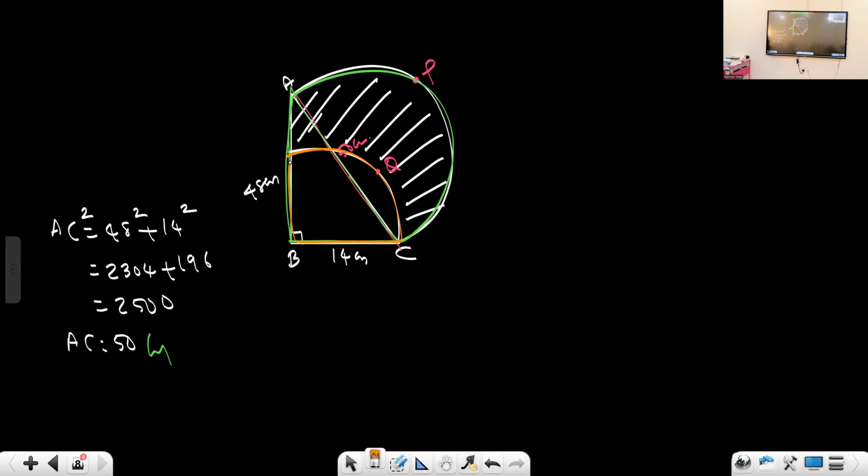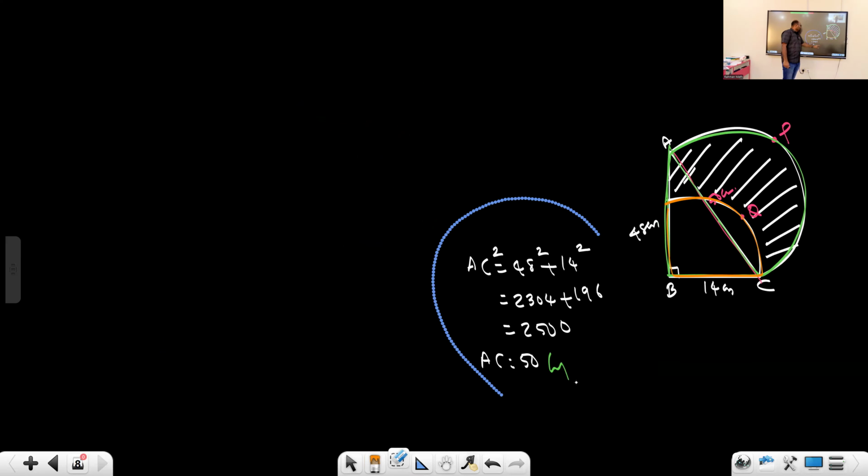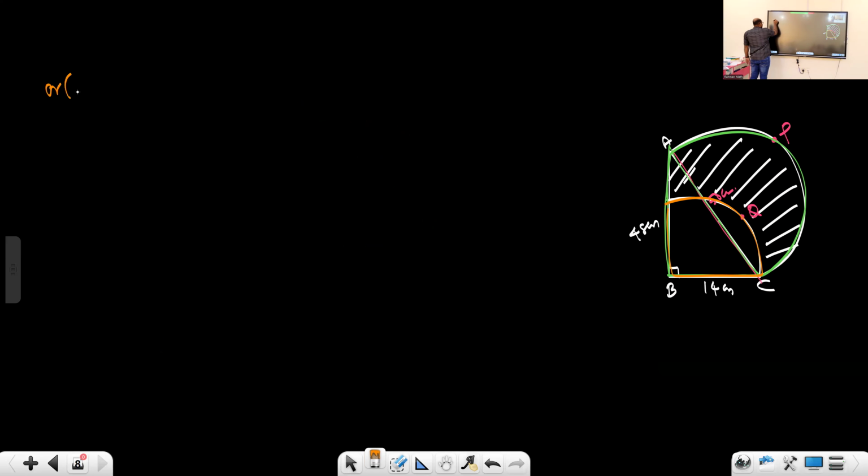Area of the shaded region equal to area of triangle ABC plus area of semicircle APC, minus the APC means this one here, P marked.